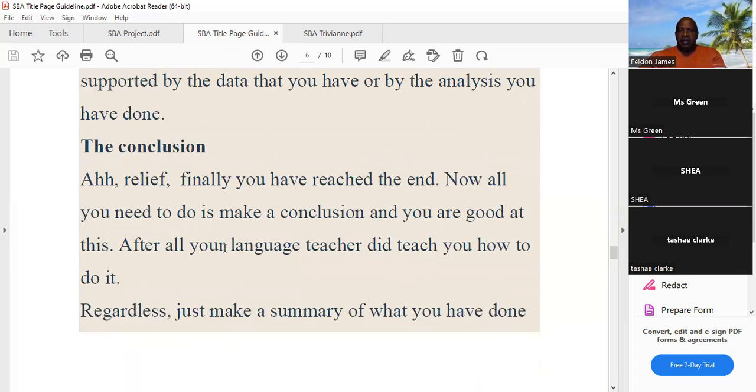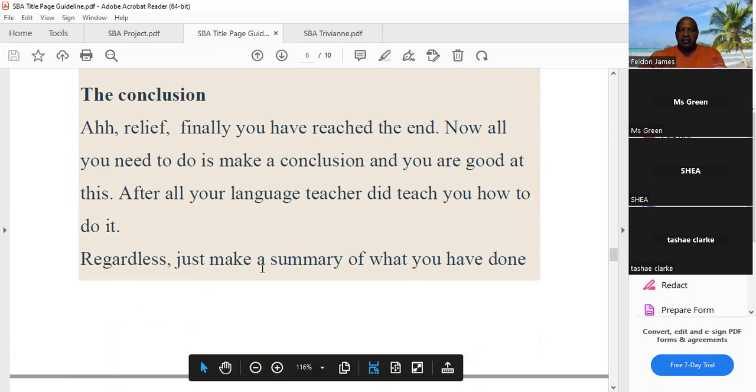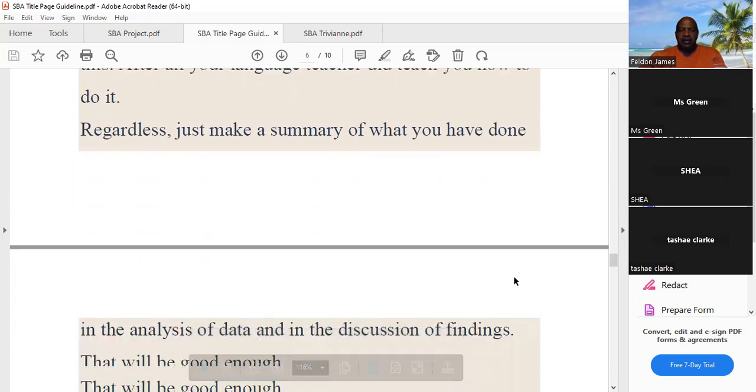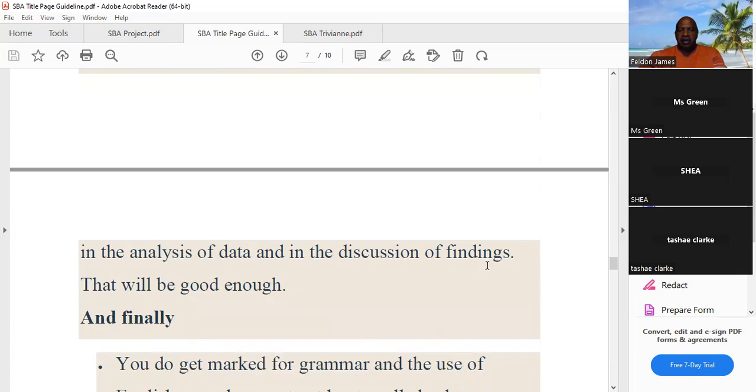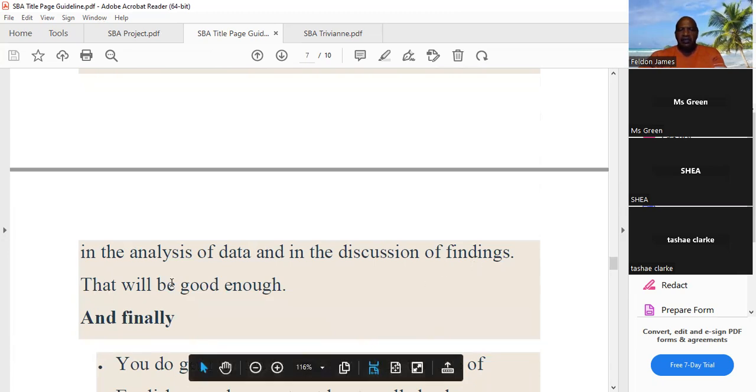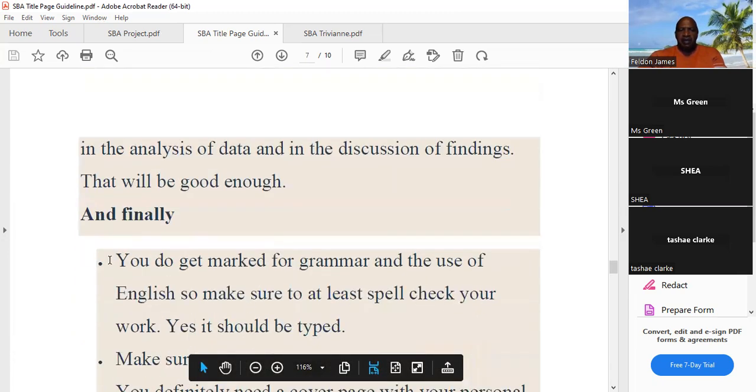After all, your language teacher did teach you how to do this. Regardless, just make a summary of what you would have done in the analysis of your data and in the discussion of your findings. That will be good enough.